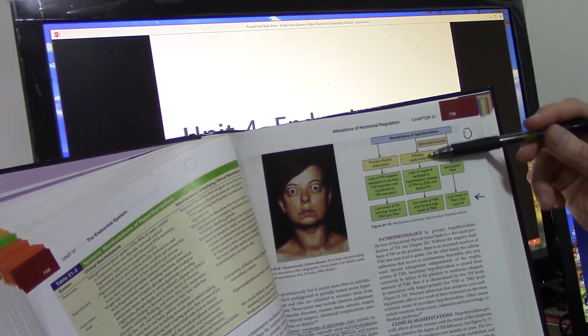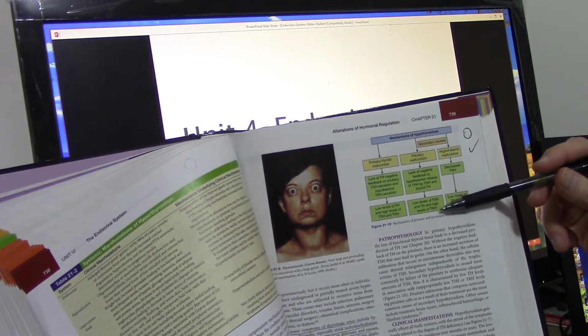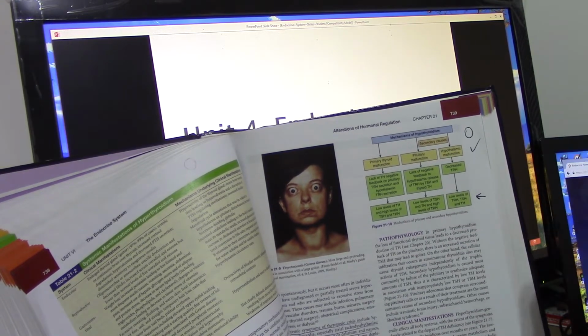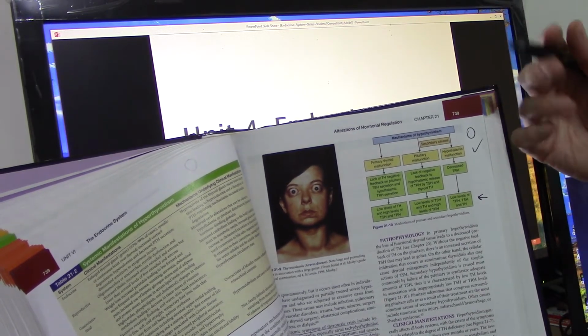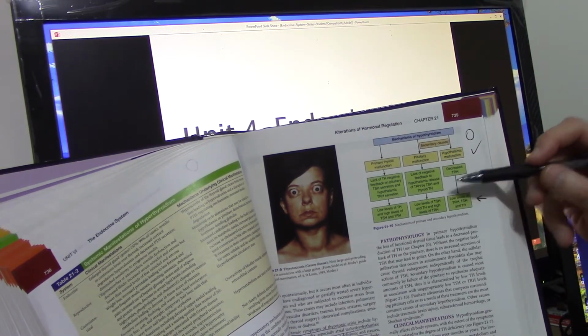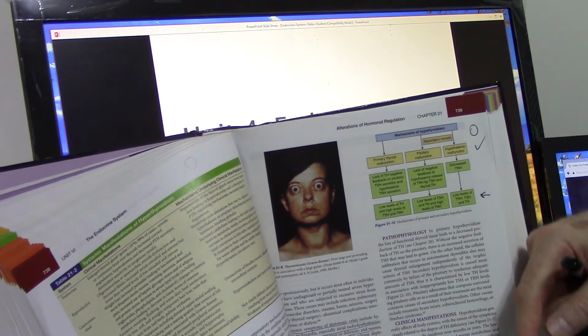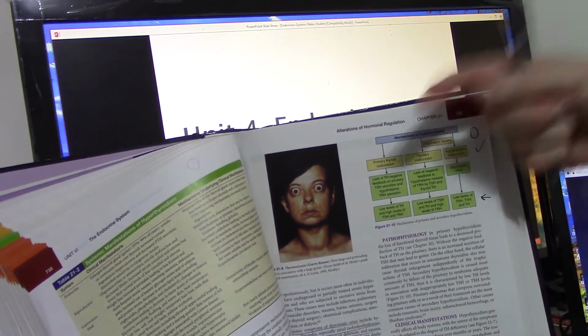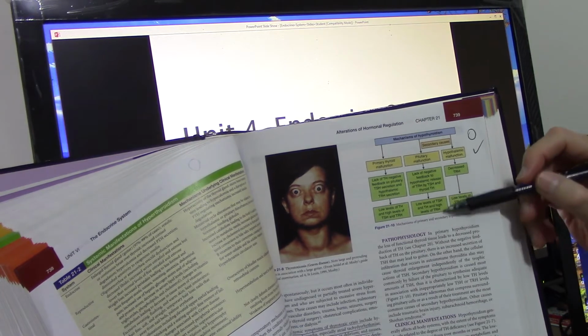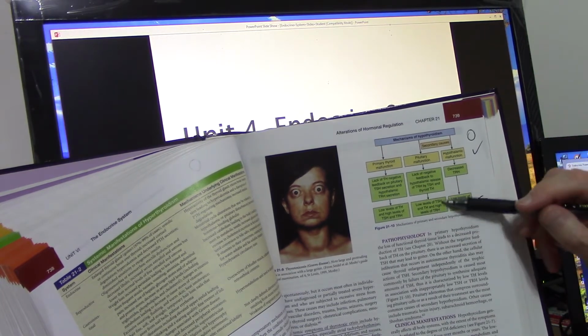Now, if the problem is at the level of the pituitary, remember, the pituitary puts out TSH. And so if the pituitary is not putting out TSH, you're not going to have much TSH coming out. And of course, because there's not much TSH hitting the thyroid, you won't have much TH. So both of those will be low.